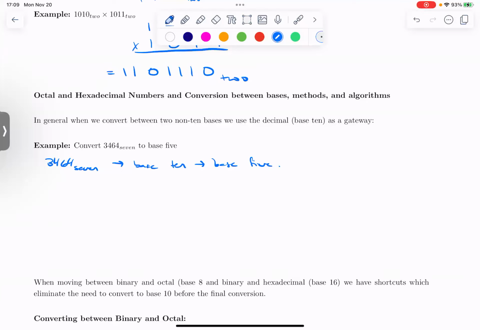So I have 3 times 10 to the power of 4, right? Or sorry, that's not it at all. 7 to the power of 4, because it's base 7. Okay, I tried to go fast and I'm not a fast person. 7 to the power of 0, 7 to the power of 1, 7 to the power of 2, 7 to the power of 3.